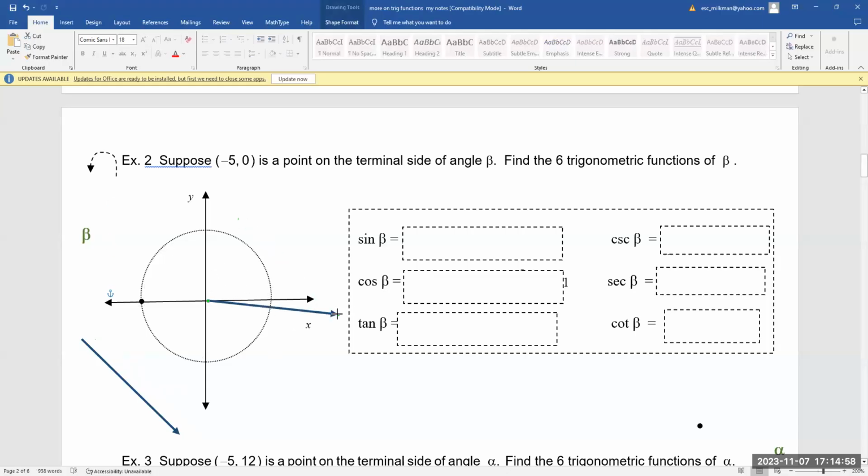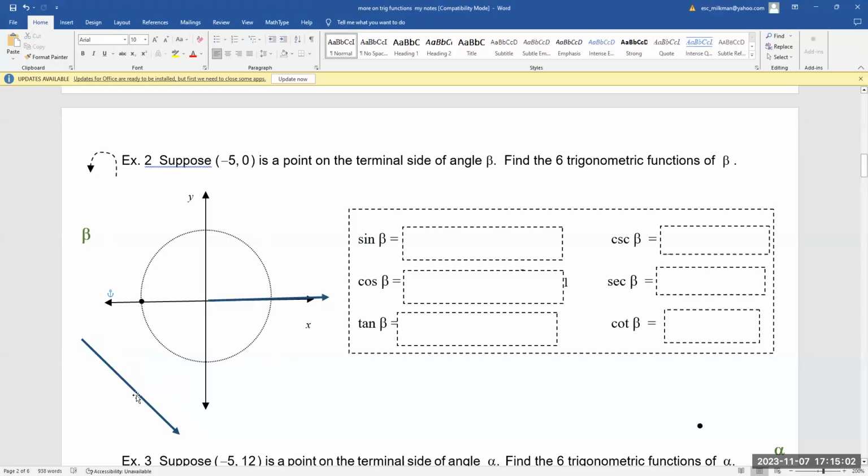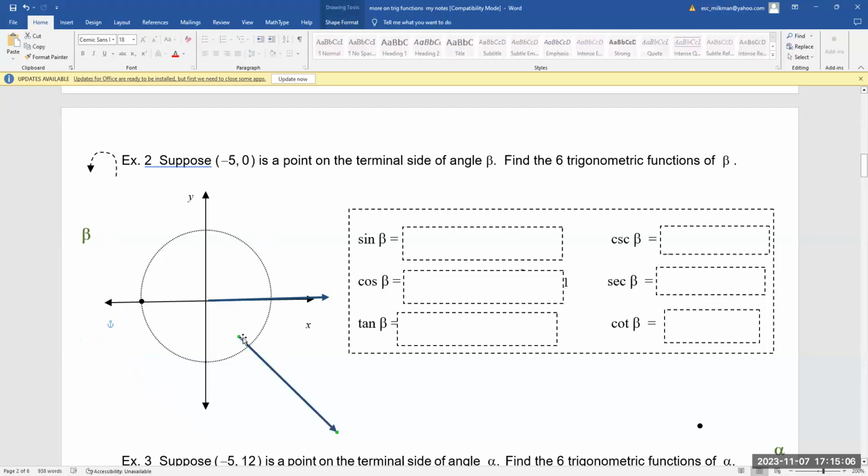In graphing my angle in standard position, I put my positive ray on the x-axis. It's not really a positive ray, it's more like an initial ray. And my terminal ray is actually going to be, oh, this is kind of really weird, huh? My terminal ray has to contain the point -5, 0.